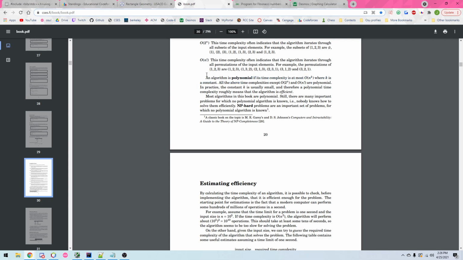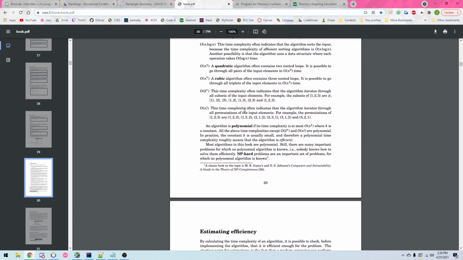So polynomial algorithms, their time complexity is just represented in the form of O of n to the k, where k is just some number or constant. So n squared, n cubed, n to the 7th, anything like that is going to be polynomial.